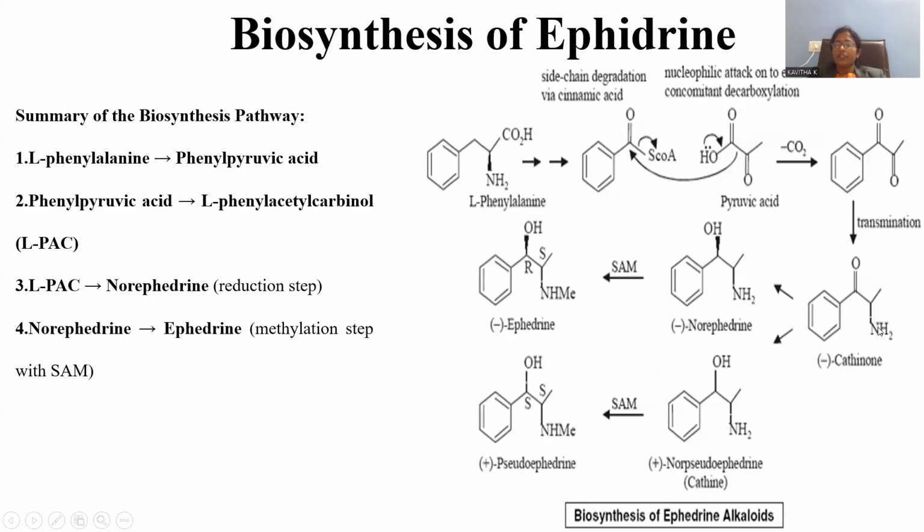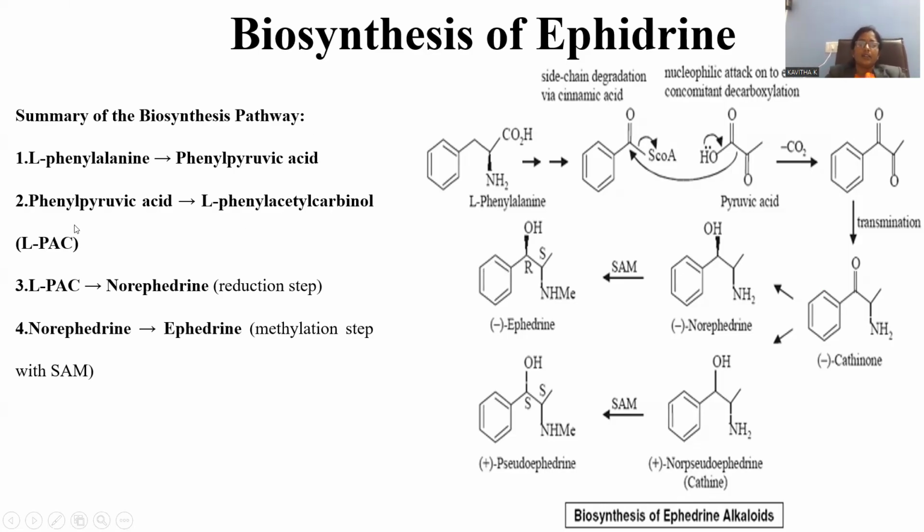And with this NH2 functional group generated here, the ketone is converted into hydroxyl, which is called norephedrine. Norephedrine is subjected to SAM, a methylating agent, so that N-methylation is carried out on this, giving rise to ephedrine. This is the product we require. In another pathway, pseudoephedrine is also generated. That is not our subject. We are only concentrating upon ephedrine synthesis.